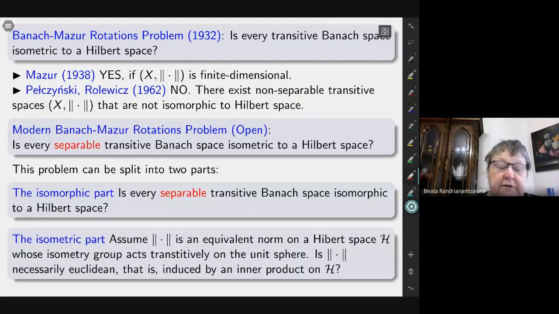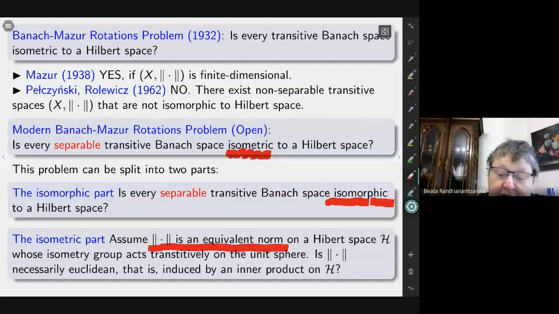This problem can be split into two parts. When we're asking here for it to be isometric, well, let's make it weaker. Will it be isomorphic at least to a Hilbert space? We don't know the answer to this question either. And the second part, the isometric part: imagine that the space already is a Hilbert space, and now we are trying to renorm it.